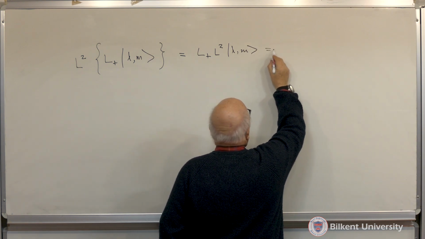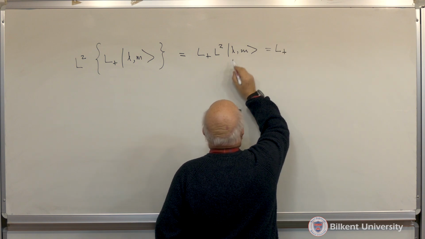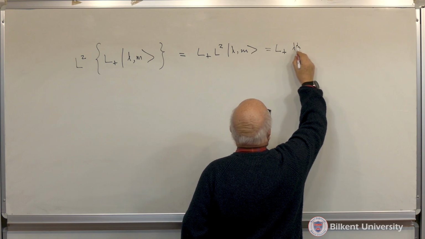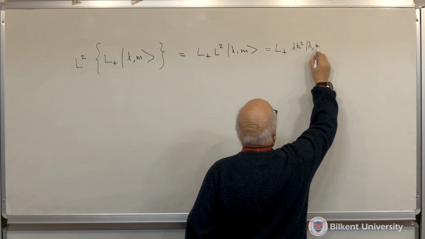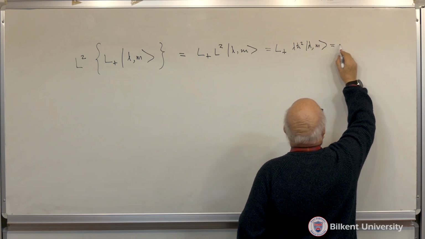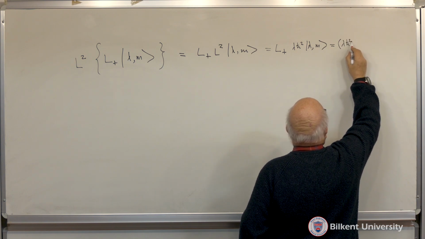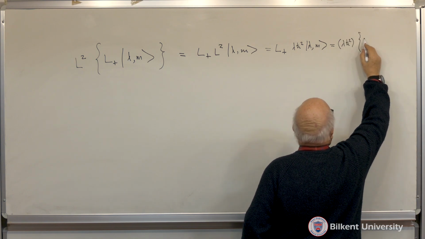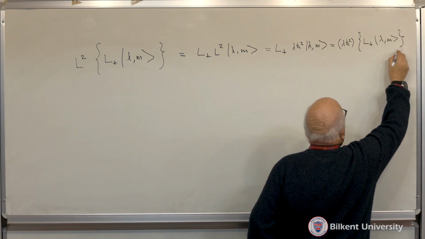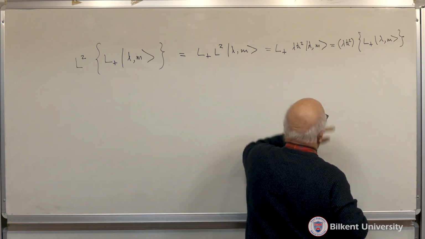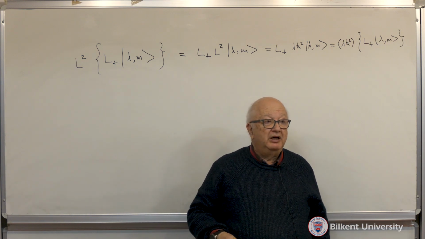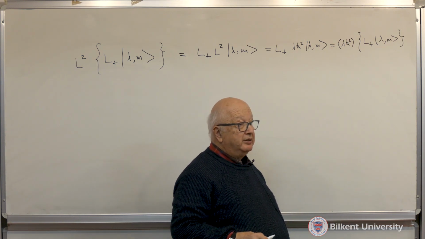And L squared acting on lambda m gives lambda times h bar squared lambda m. This then tells me that this is equal to lambda h bar squared times this L plus lambda m again. So looking at the first equation on the left and the one all the way on the right, what does this tell me?